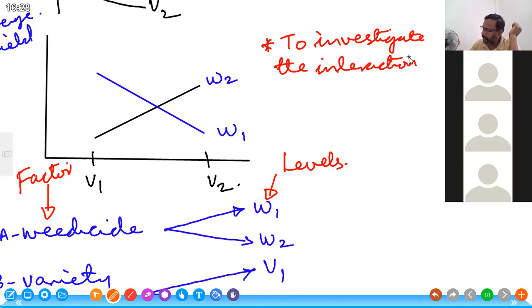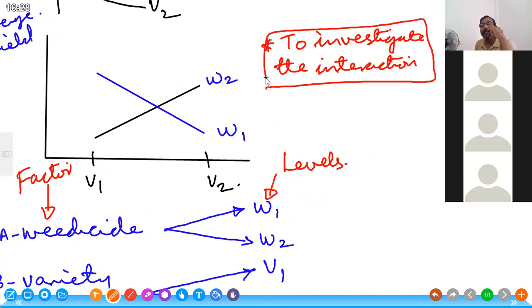I will explain this a little later. This is the hardcore of factorial experiments. When you combine these 2 factors, we can see whether the interaction is there.